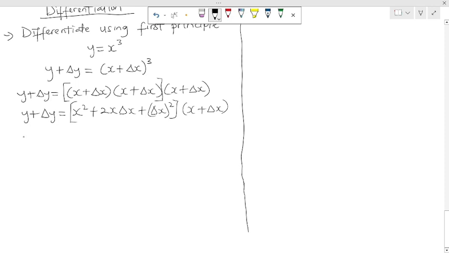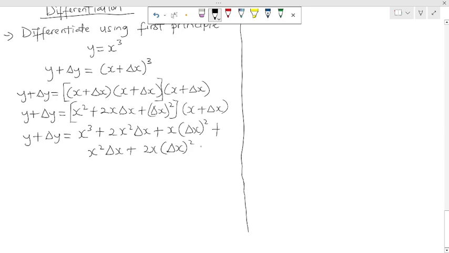So we have y plus change in y, opening the bracket, x cubed plus 2x squared change in x plus x change in x squared plus x squared change in x plus 2x change in x squared plus change in x raised to power 3.